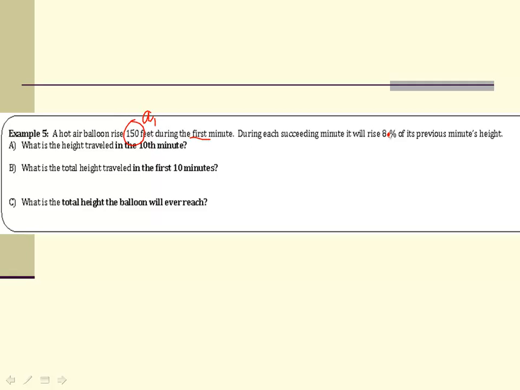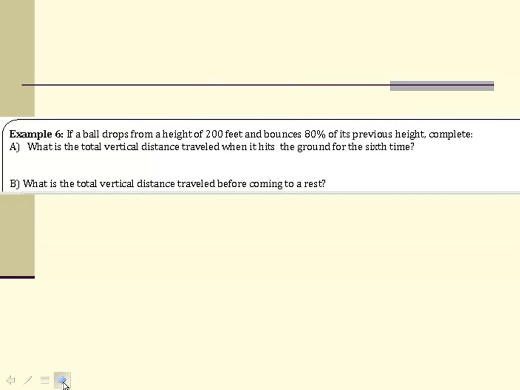I'm not sure what they're trying to say here. You know what? I don't like the way this is worded. We're going to do this as a warm-up in class so that I can fix this question, because I'm not sure what happened to it. So let's leave this one for a warm-up, and I'll show you the difference between a finite sum and an infinite sum. Same thing with the next one. We're going to spend the next 2 in class.